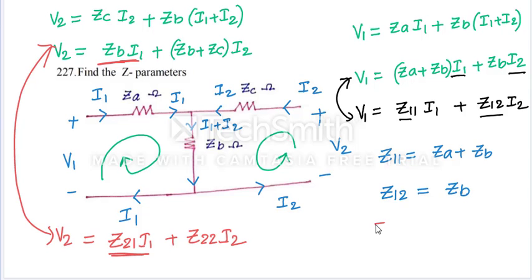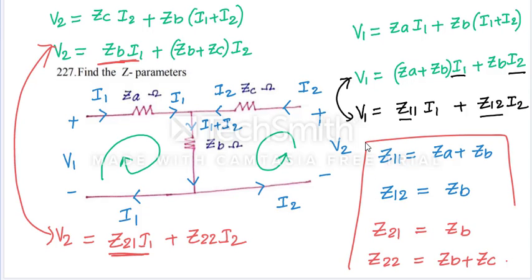So Z21 is equal to ZB, and Z22 is equal to ZB plus ZC. Right, so these are the Z parameters.